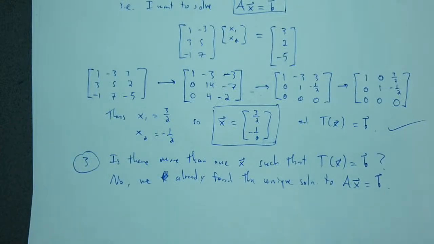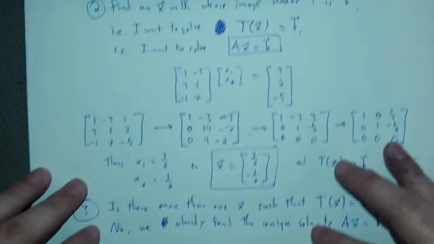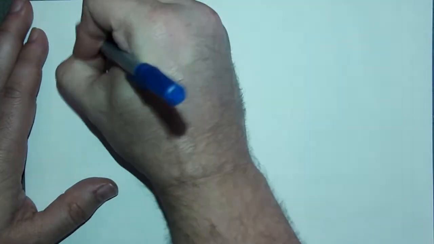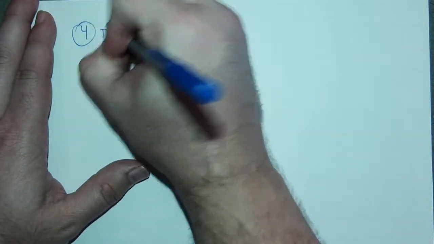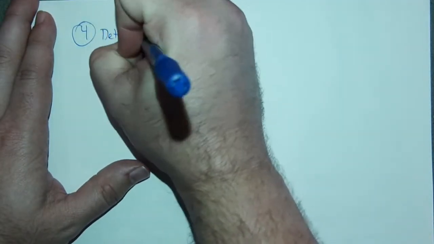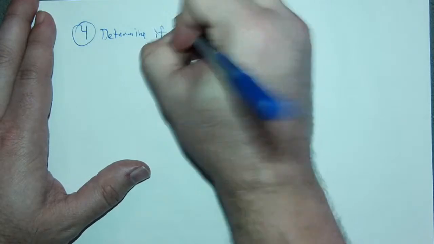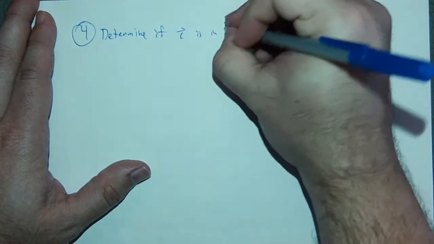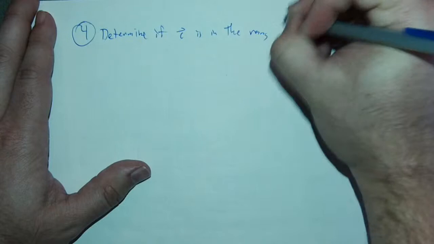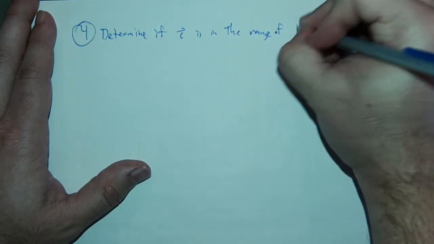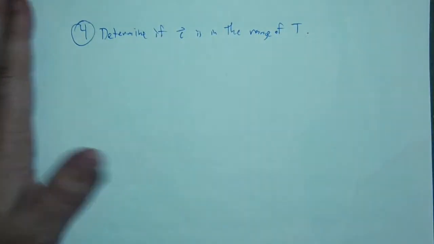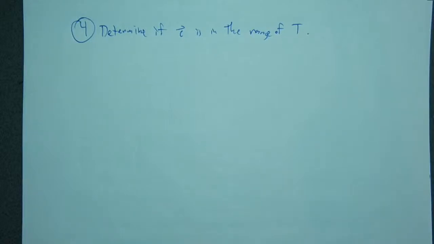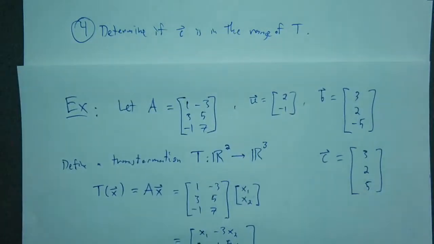All right. I need a little bit more room for the last question I want to ask. So last question I want to ask. Determine if c is in the range of T. Okay, now let me go back to all these things I defined here.